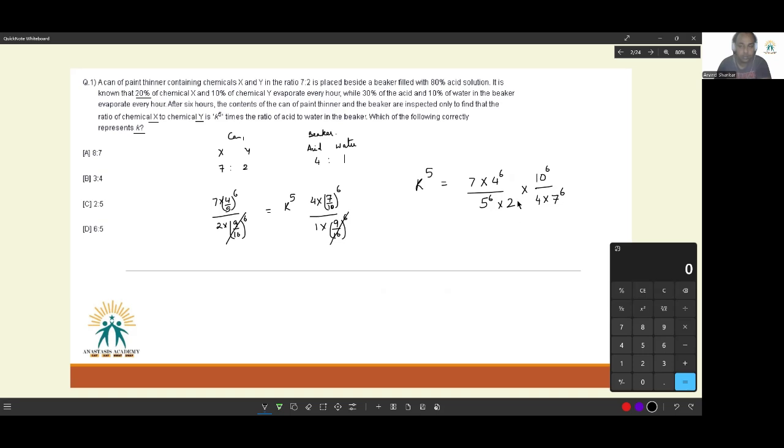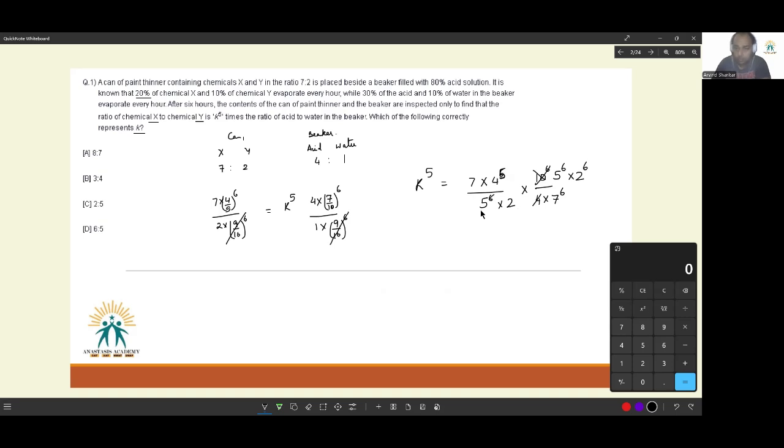This is the final form that we have. Even this 4 and 10, I can perhaps break down. This 4 will go away and make this 4 raised to the power 5. And this 10 raised to the power 6, I can write as 5 raised to the power 6 into 2 raised to the power 6.